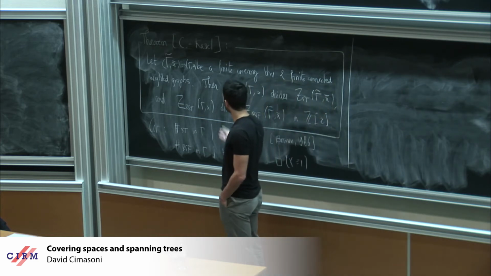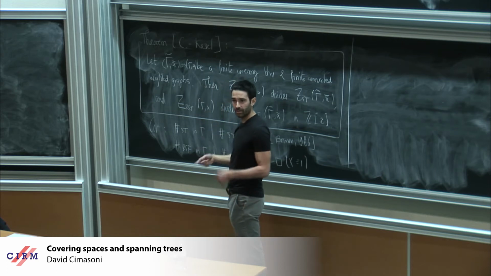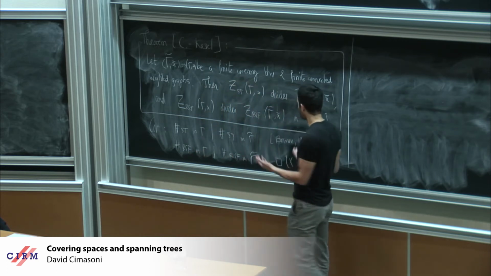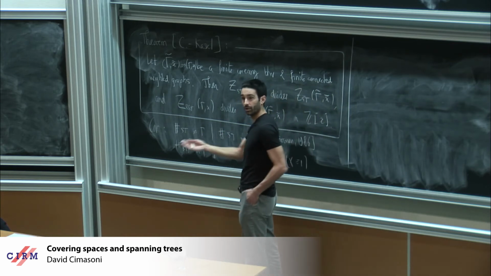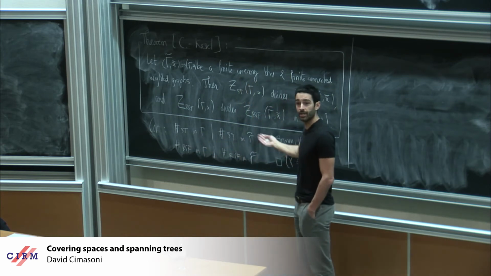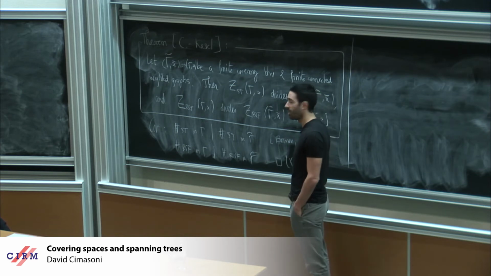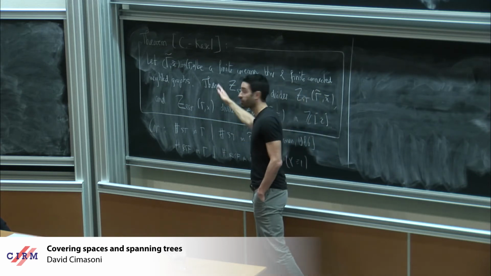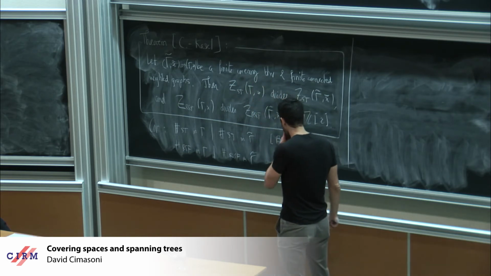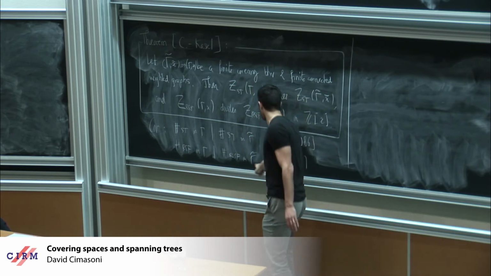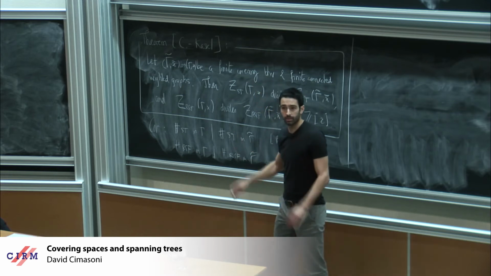So he doesn't even talk about coverings. So it's really combinatorics, and he has conditions on the two graphs, and you can check that if you have a covering map, these conditions are satisfied, so indeed his proof is working. And it's only for the number of spanning trees, it's not for the full partition function. Okay. And to the best of my knowledge, this one was not known, but okay, I might be wrong.